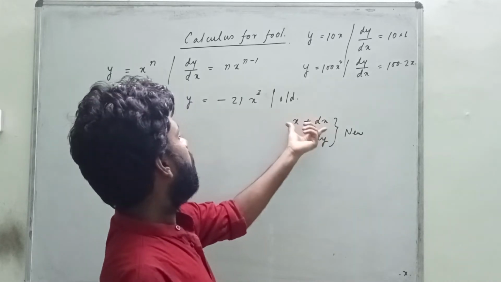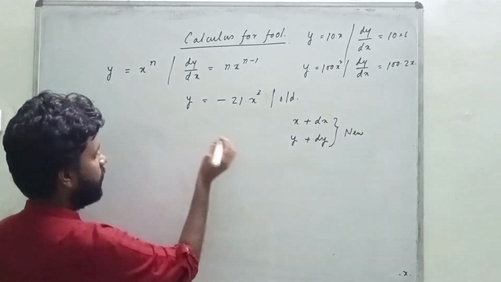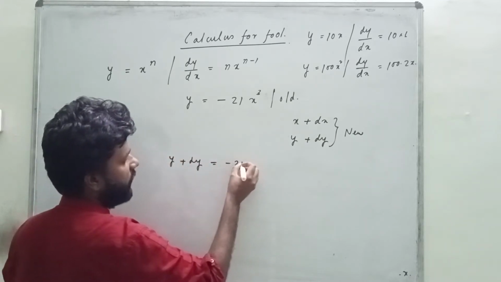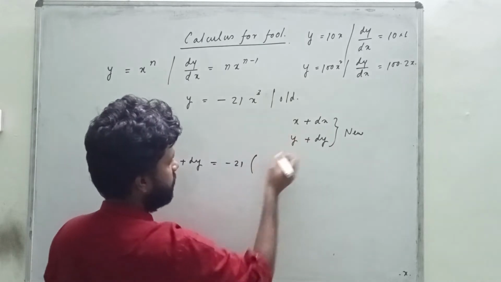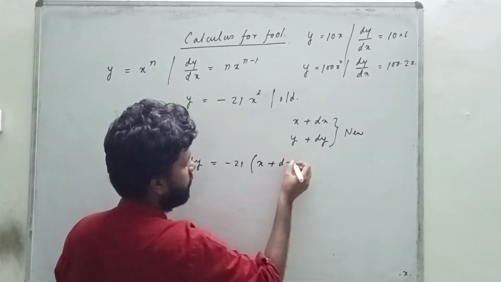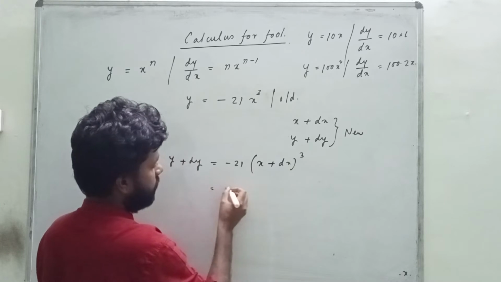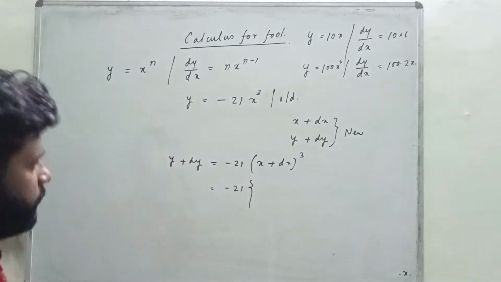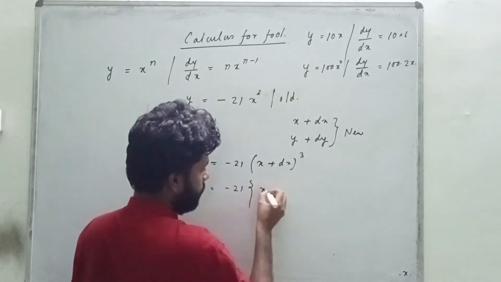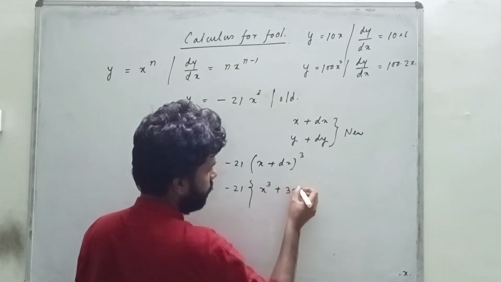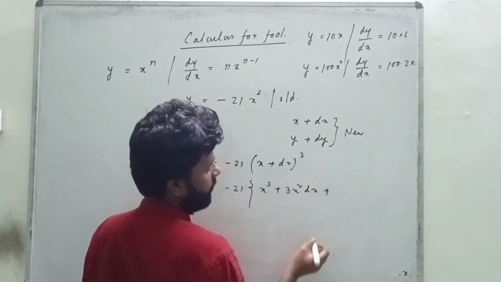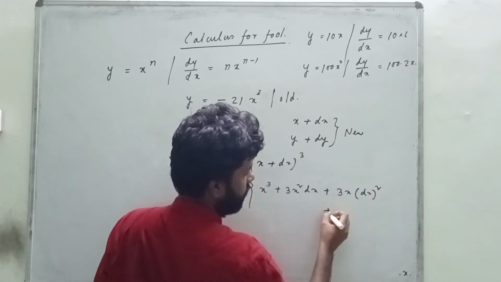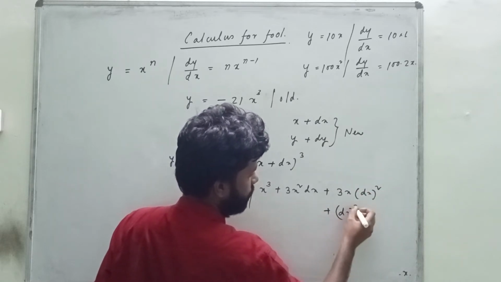So y plus dy equals minus 21 times the new x, x plus dx, cubed. All of you know a plus b whole cube: it's x cube plus 3x squared dx plus 3x dx squared plus dx cubed.